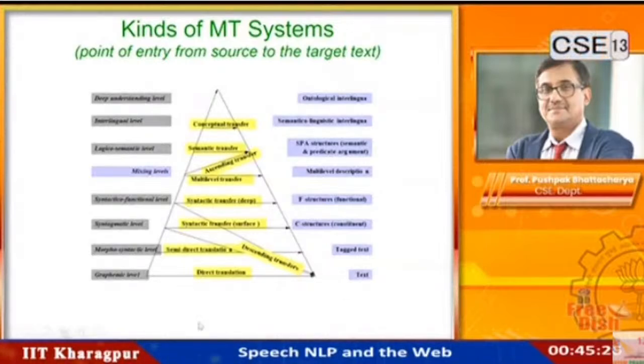So this is a point which you are well advised to ponder, keeping in mind that different levels of disambiguation are required for different pairs of languages, and the representation on the target side can be at the same level of disambiguation or lower level or higher level. How do you measure ambiguity? Maybe entropy, perplexity, these are common measures. So this is an important point to keep in mind.